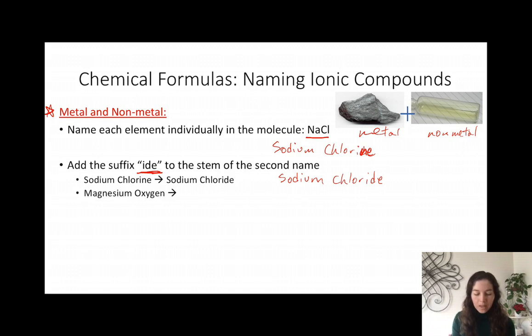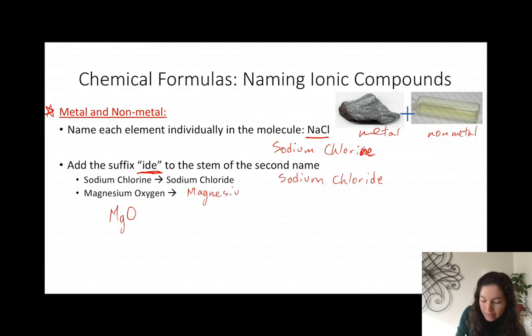Let's look at another example. Say we have magnesium and oxygen. This ionic compound will look like MgO if you write the formula for it. So with magnesium and oxygen, we take that ending and add "ide" to it. Instead of oxygen, we turn it into magnesium oxide.